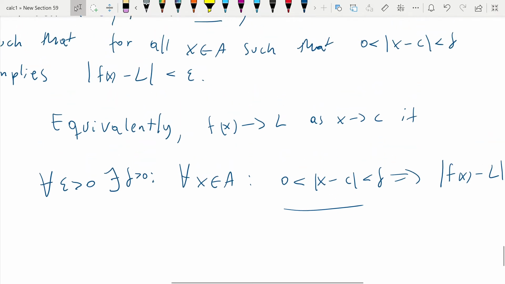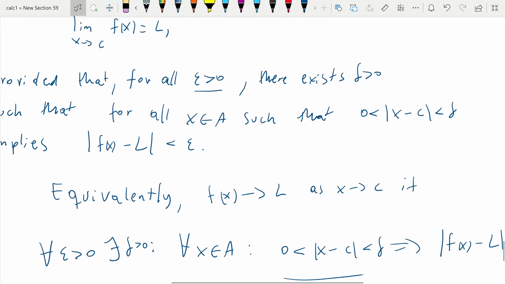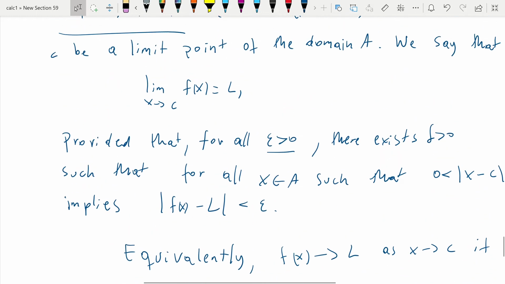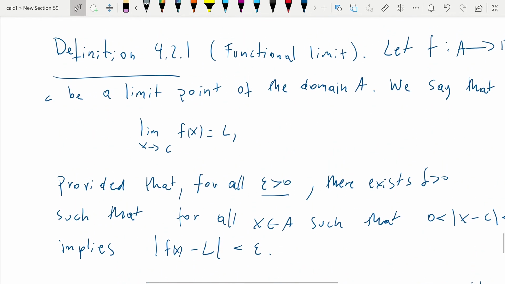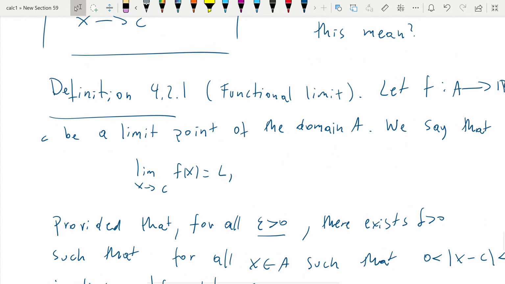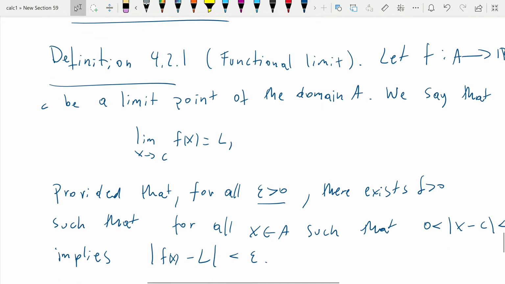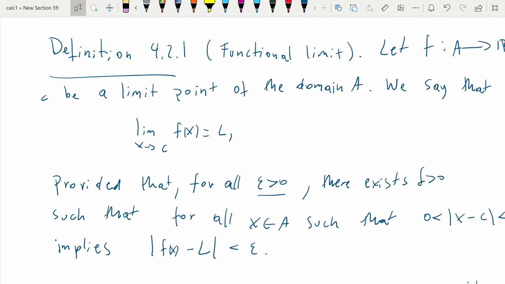You will notice here that unlike the definition in Calc 1, A is not necessarily an interval. There was no notion of limit point when we studied Calc 1, which we introduce here in this course.